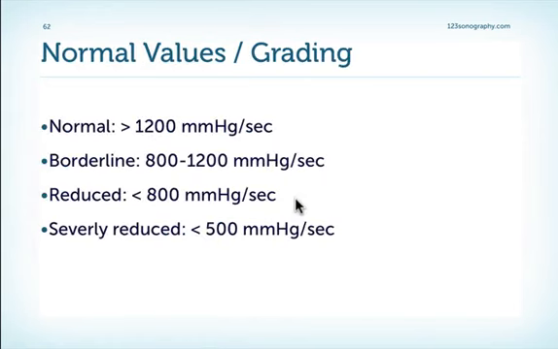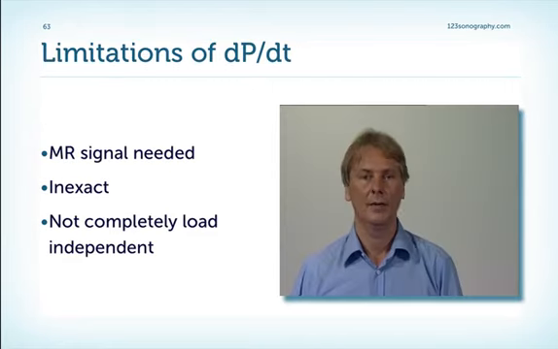What are the normal values? Well, basically there's a certain degree of overlap, but if we have a dP/dt which is above 1,200, it is normal. Some patients who have hyperdynamic left ventricles, we can find dP/dts way above 1,200, sometimes even 2,000, 3,000, or 4,000. If we have a dP/dt below 500, the ventricular function is usually severely reduced.